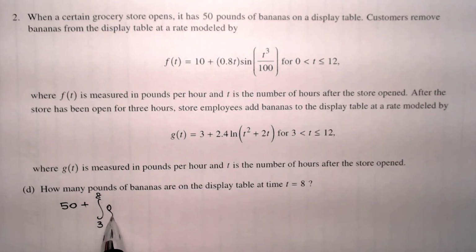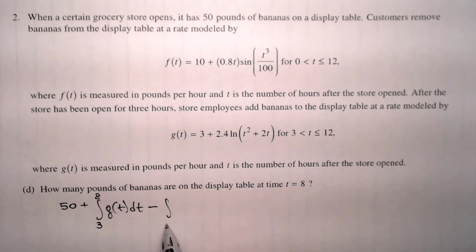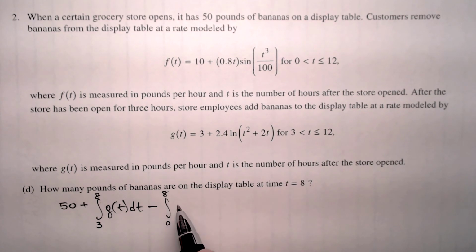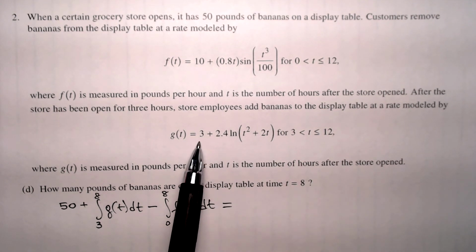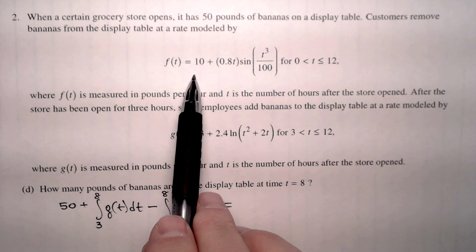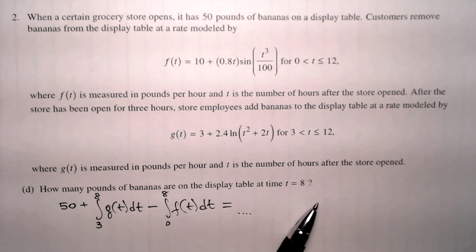And so this is the integral of g of t dt, minus all the bananas that have been taken out between time 0 and 8, the integral of f of t dt. And we just need to calculate that using the calculator, using these two functions in the calculation, and let's do that next.